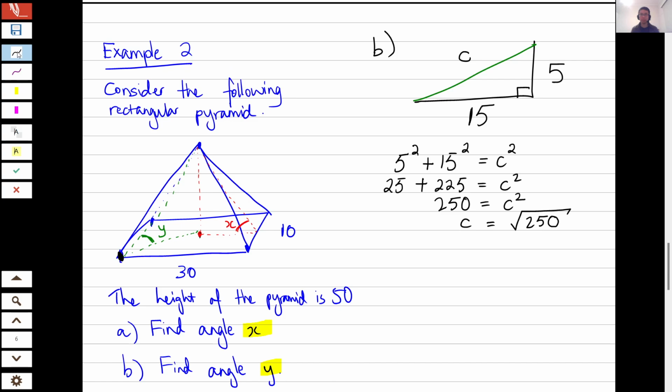And now I have a situation where I've got this right angled triangle now. And it's going to look like this. This length here is going to be root 250. And this red length here is going to be the height of the triangle.